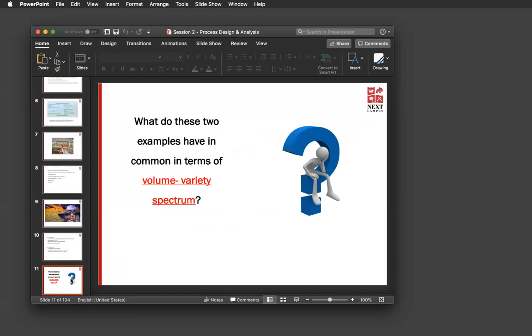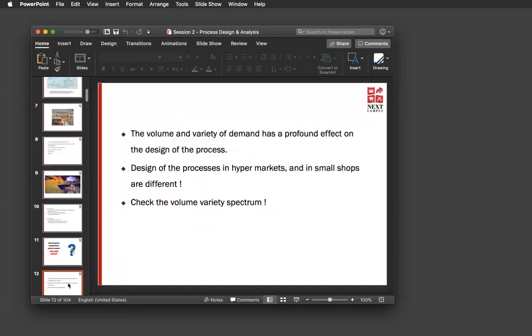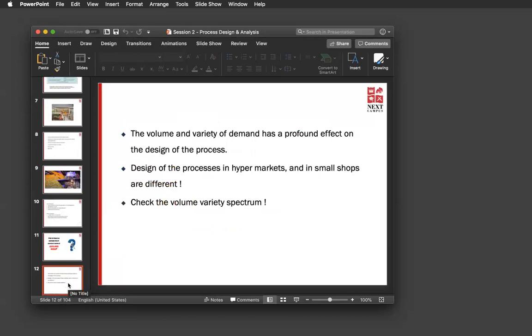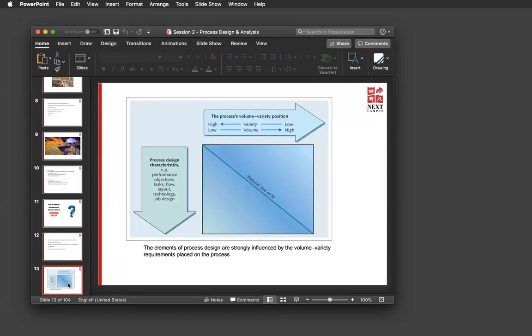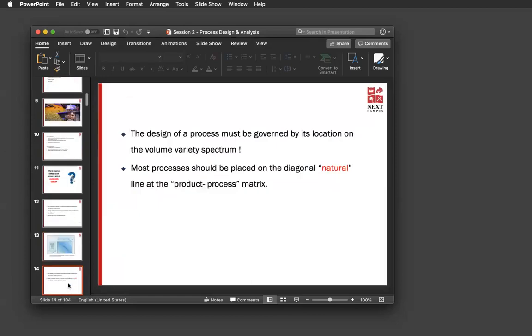I hope you gather the importance of the volume variety combination that needs to be applied to your product and service. Okay, right. So the next slides basically expand on what I have already described about the importance of the volume and variety on the type of product and service that any organization would decide to produce, manufacture, and sell.